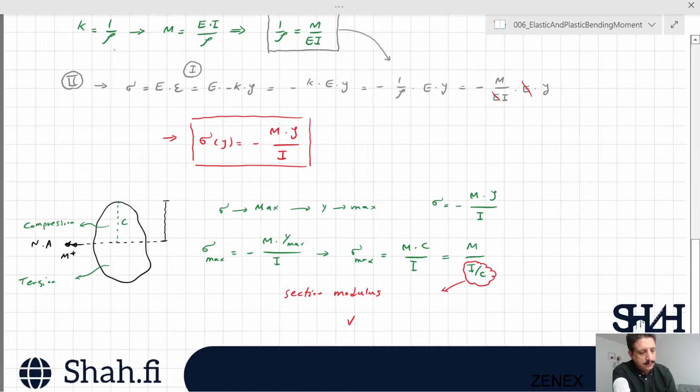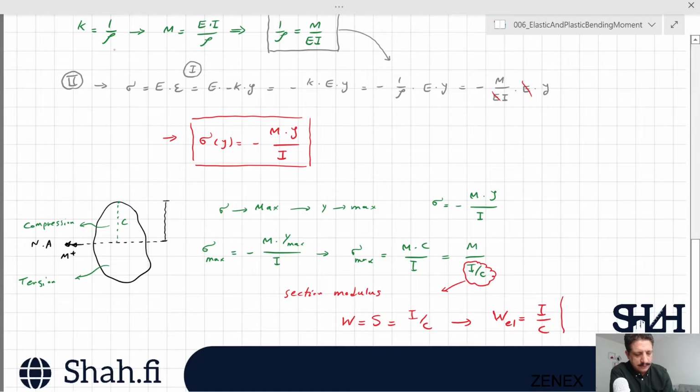And it is written as either W or S, W in European countries, S in American countries, so it doesn't matter, section modulus or W, both are the same, I divided by c. And this is elastic section modulus. Why is it elastic section modulus? Because in our calculation, we assume that we are in the elastic phase. So this is W elastic, I divided by c.